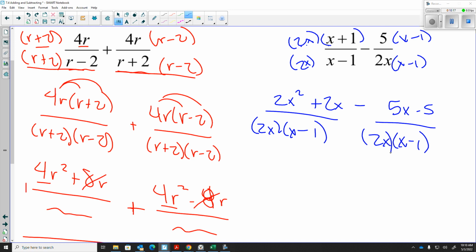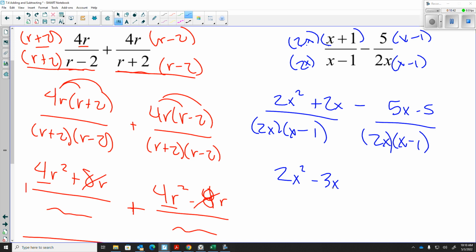But we are going to combine like terms here. I'm looking at what's on top. I'm subtracting now, right? 2x squared minus, is there any other x squared? No. So there's no like term for that. 2x minus 5x is minus 3x. And be really careful here.